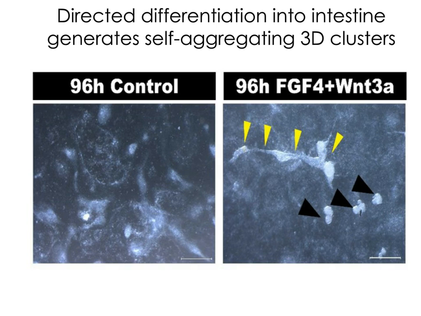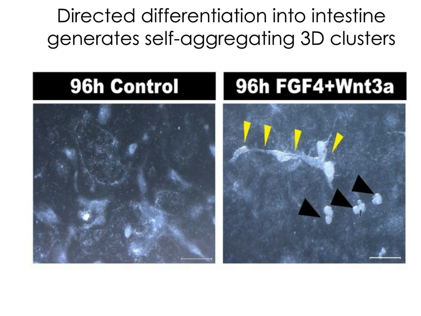You can see here in the right-hand panel, endoderm cells treated with FGF4 and Wnt3A have these tube-like structures denoted by the yellow arrowheads and these 3D floating aggregates denoted by the black arrowheads. In contrast, if you have endoderm and don't treat with any growth factors as a control, you never see these three-dimensional structures arising in the dish.